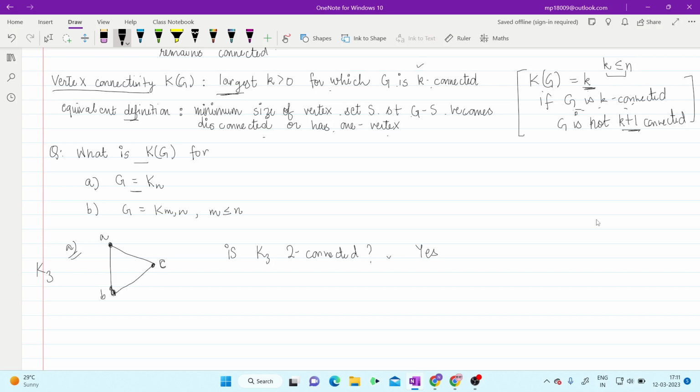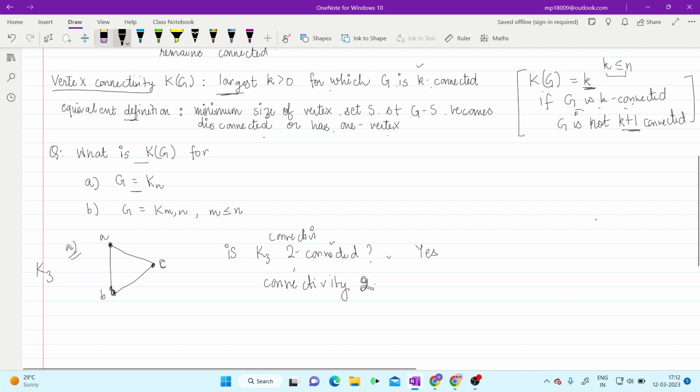If we remove one vertex, the graph remains connected. Therefore connectivity is 2.